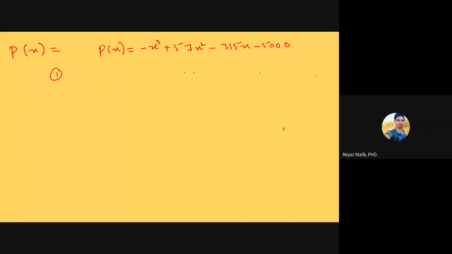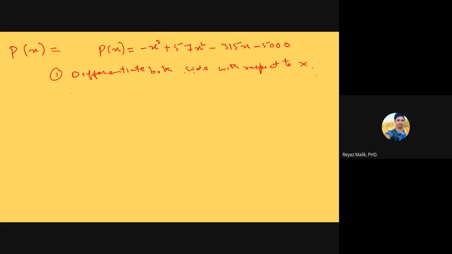The first step is differentiate both sides with respect to x. That's the first step. Then what we will get is dP by dx.